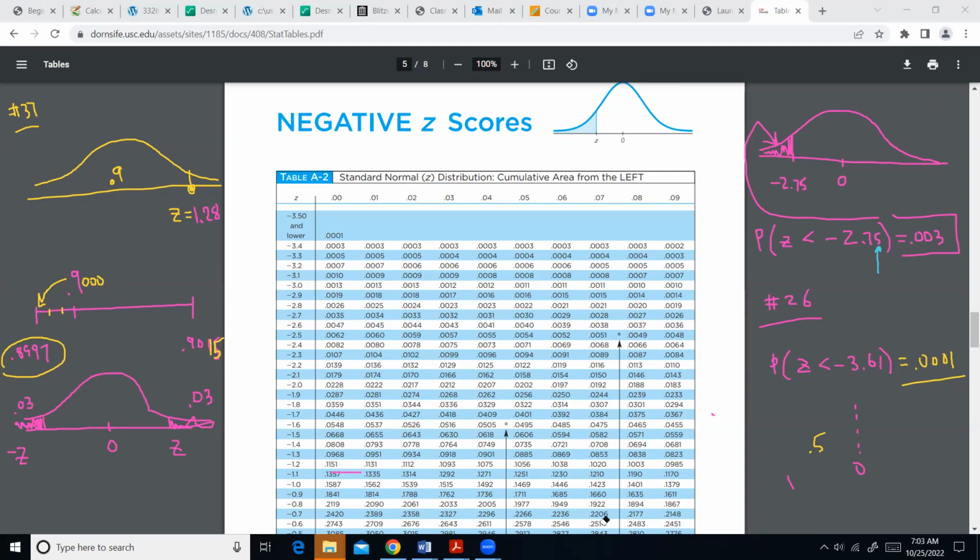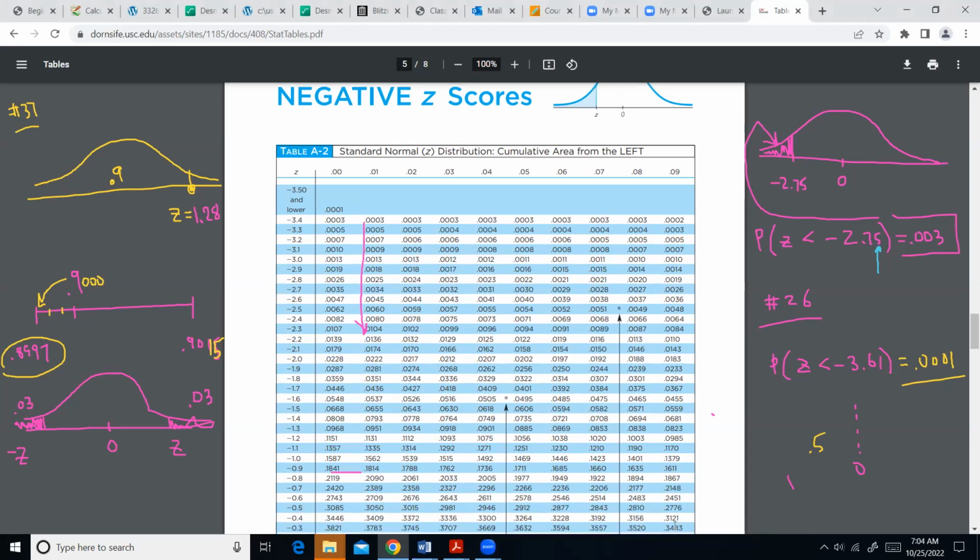And to find it, again, I start on the top and move down, and I see that these keep increasing. And it looks like the row with minus 0.5 or something should be the one that I use.